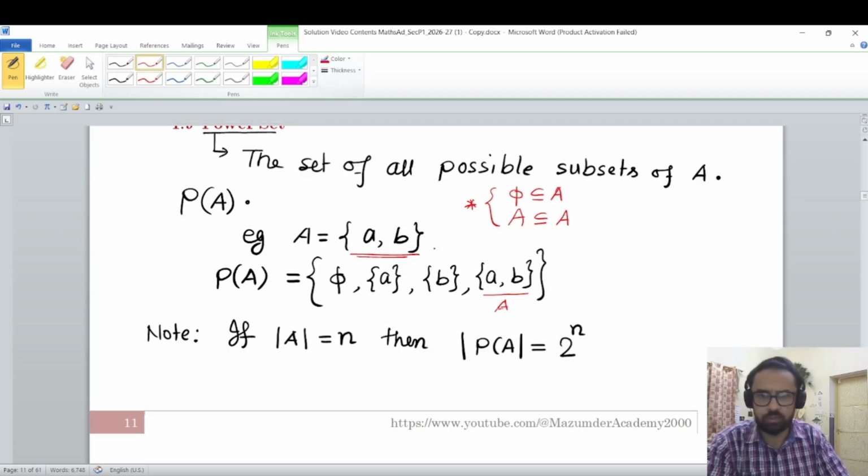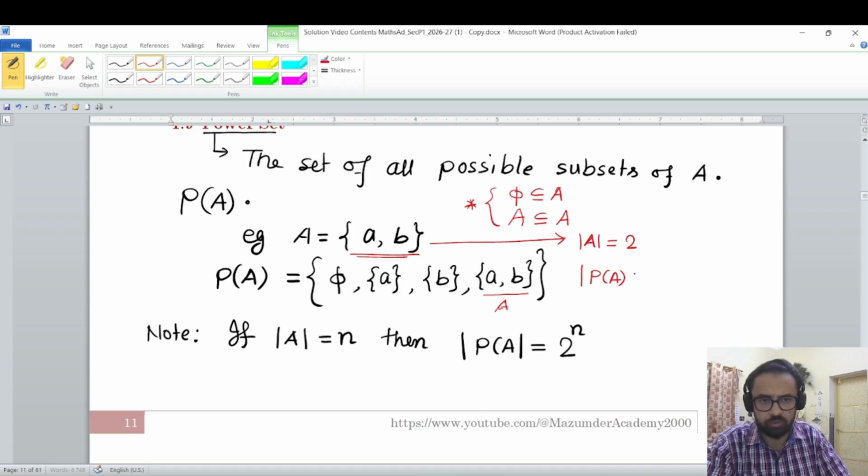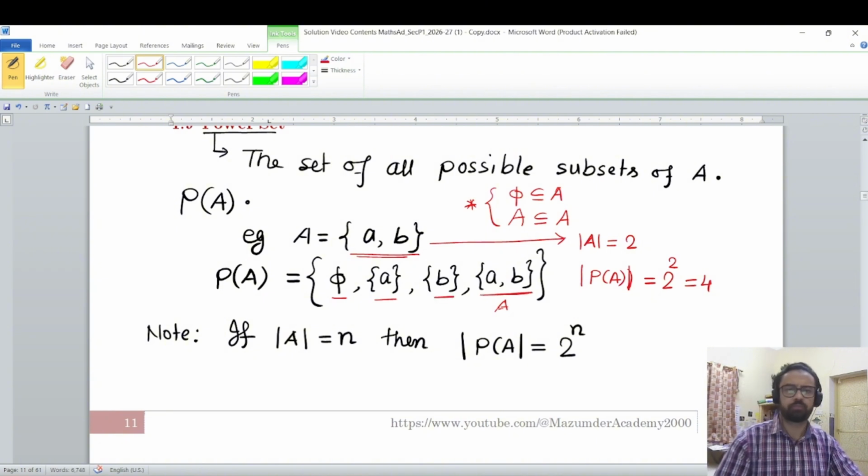In this case, what is the size of this set? Cardinality of A is 2, number of elements is 2. And you can see here, what is the cardinality of the power set of A? Power set of A is, as per the rule, 2 power 2, and that is equal to 4. And you can see here 1, 2, 3 and 4. There are 4 elements. Okay, so this note is important.